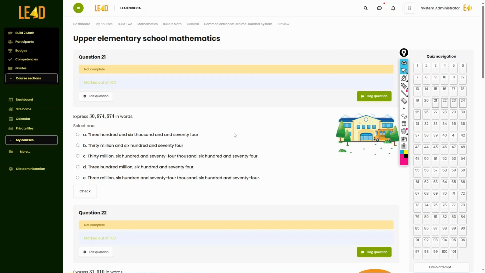Number 21. Express 30,674,674 in words. Before the first comma, this group here is thousands, so we have 674,000 in this number. And then before the second comma, this group here is millions.